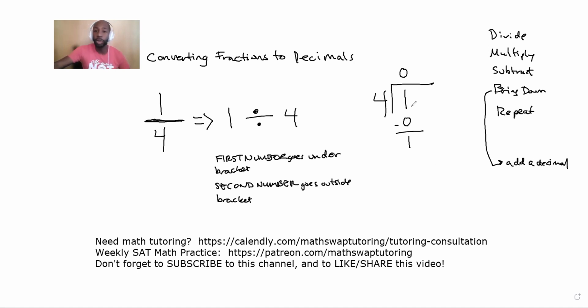We're going to add a decimal after the number under the bracket, but then at the same time, we're going to add a decimal above the bracket too. Okay. Now, after that, we're going to add a 0. Okay. So we're going to add a 0 right here because we're adding a 0 that we're going to now bring down.